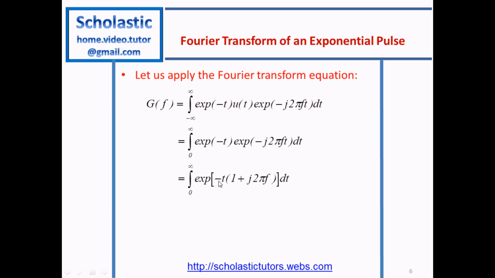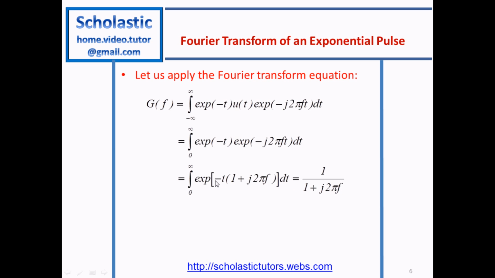This is like exponential minus a t. So this is a constant because we are integrating with respect to t. In this case, frequency is treated as constant. So after integrating and putting the limits, when you integrate this one, it will become exponential minus t times (1 plus j2 pi f) divided by (1 plus j2 pi f).